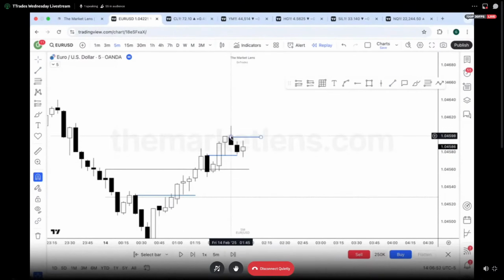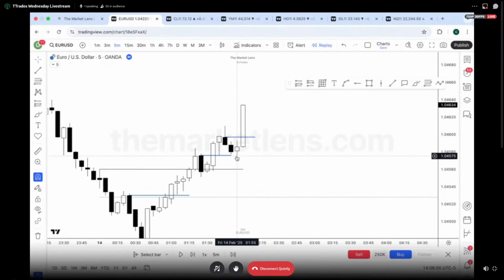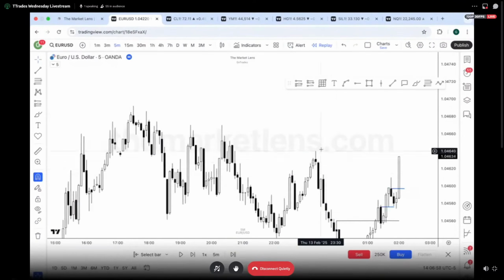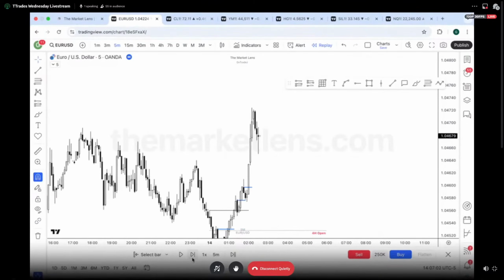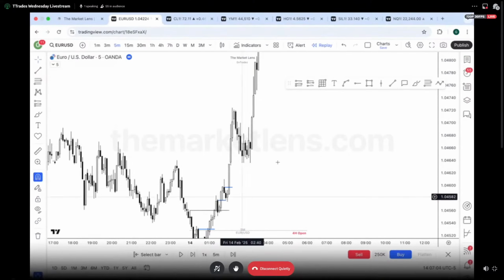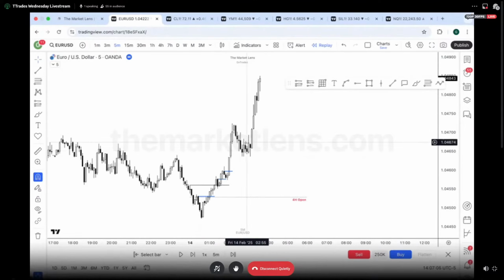All we need is a body closure above these opposing candles to confirm that C4 wick. So there we get it. Again, what's our target above here? And you see, you obviously get 2R there.